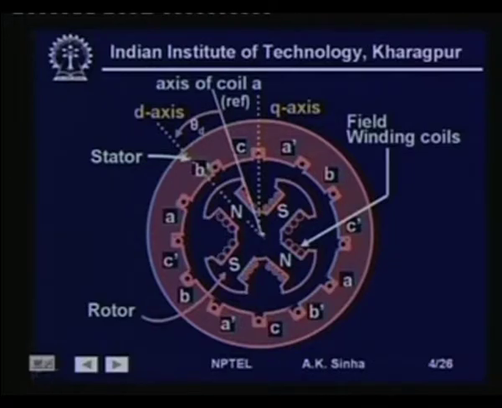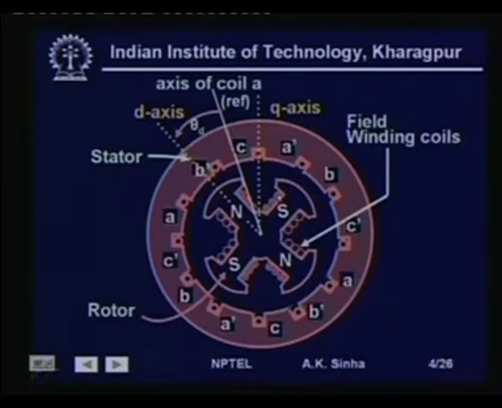In this case, we have chosen the axis of coil A as our reference, and we are measuring all the angles with respect to this reference. So, theta d here is the displacement of the d axis with respect to the reference at any given time t.